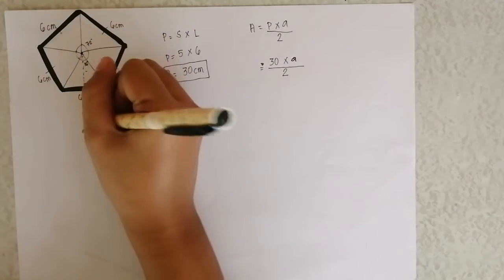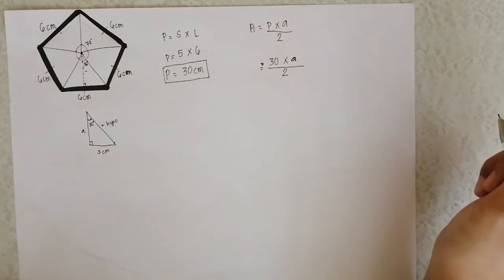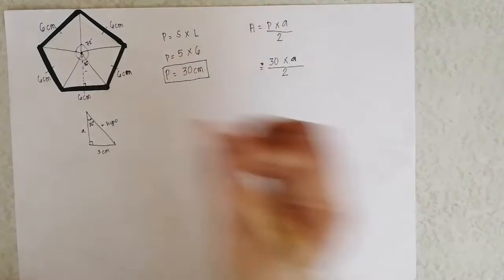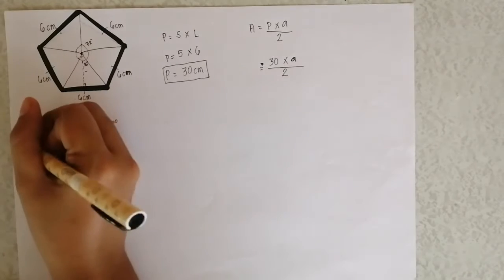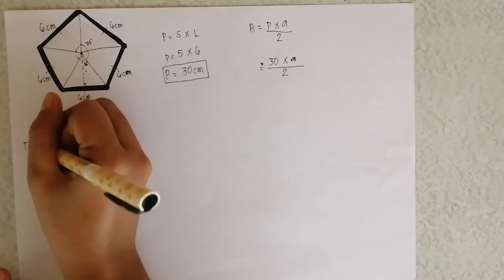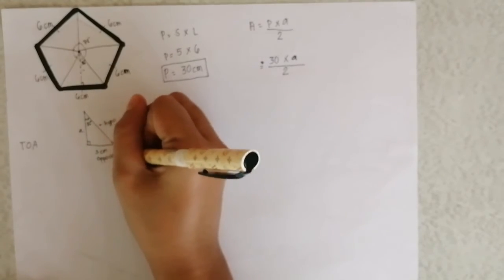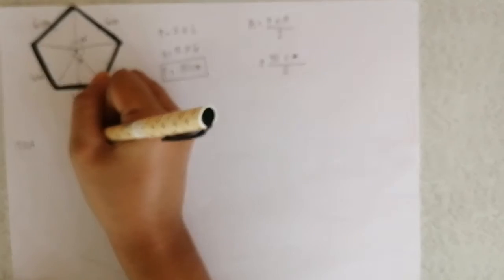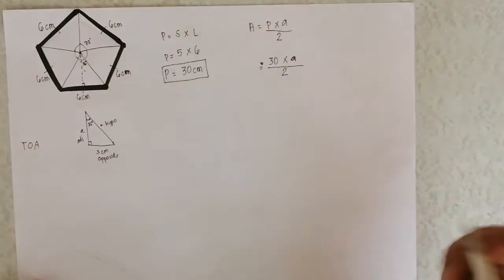And we also have the angle of 36 degrees. We'll use SOH-CAH-TOA: we already have the opposite side and the adjacent side, and now we can solve for it.